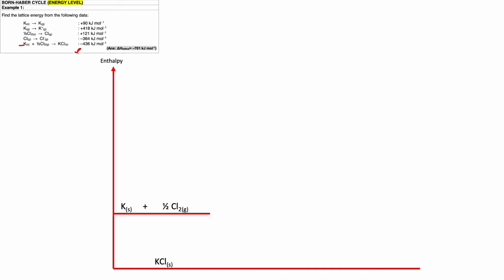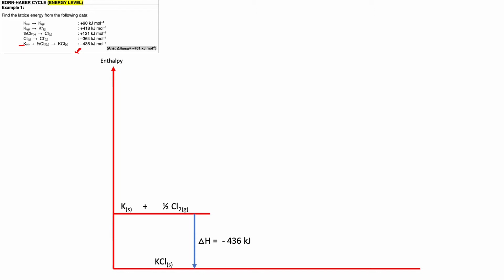So if the enthalpy is negative, you have to draw an arrow going down. An arrow going down represents heat release. So we are going to draw it like this. Put the enthalpy there. We are done with formation.